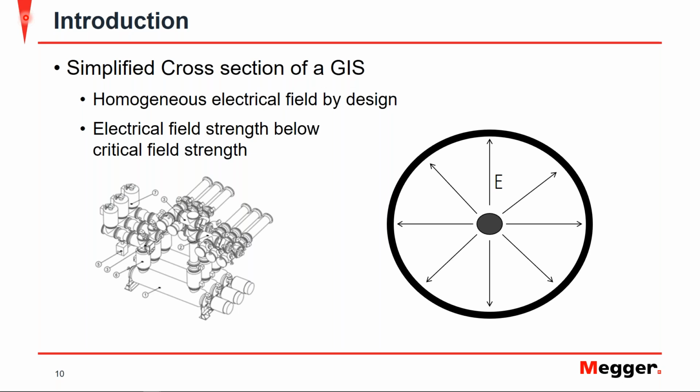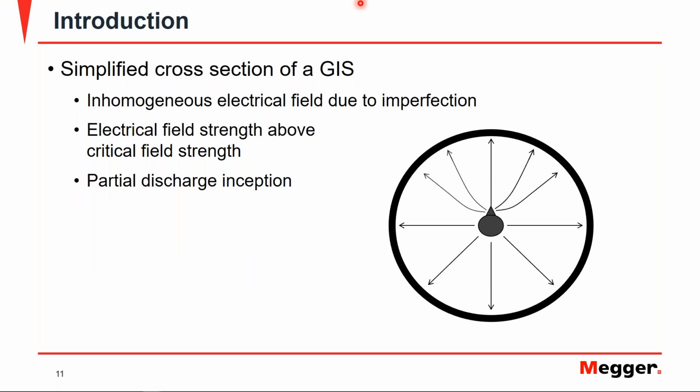Now, if you do introduce something such as a metal protrusion on your high voltage conductor, that could change. So we see here that we have our protrusion on our high voltage conductor, and this creates an inhomogeneous, or non-uniform, distribution of our electric field, where typically the field lines were going out this way, and now you can see that they are conforming around this metal protrusion.